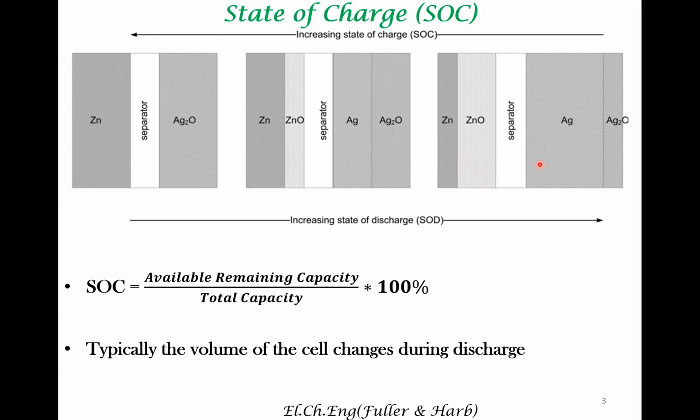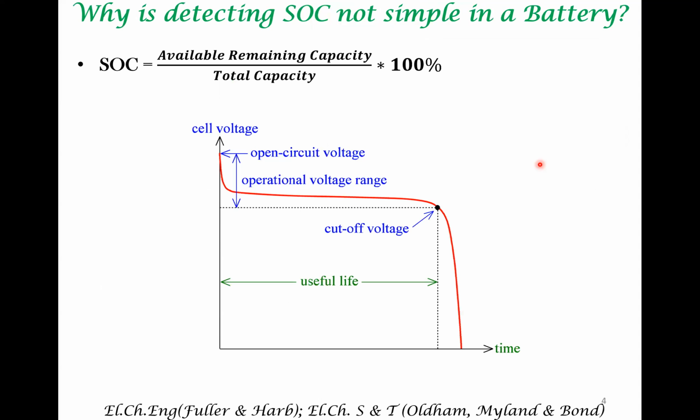All right. So why is state of charge a non-trivial issue? If I just measure the voltage of a battery, that really does not tell me the state of charge. Why is that so? A battery is a constant potential source. When the battery is getting discharged, the useful part of a battery is in this regime.